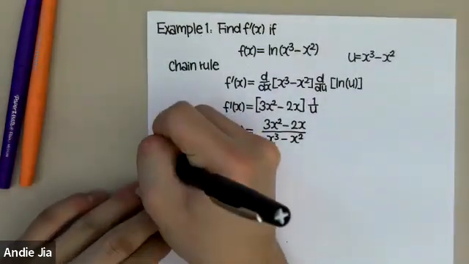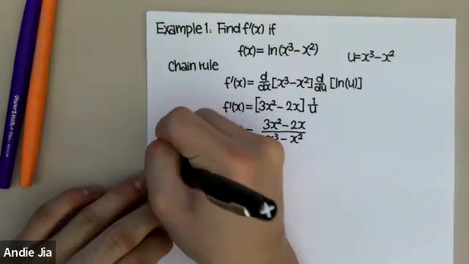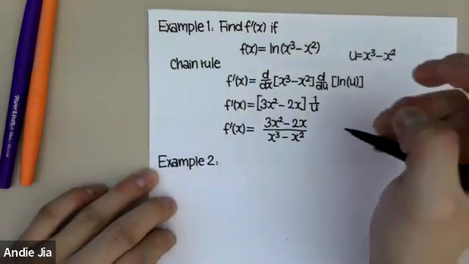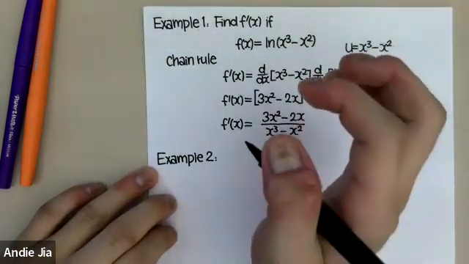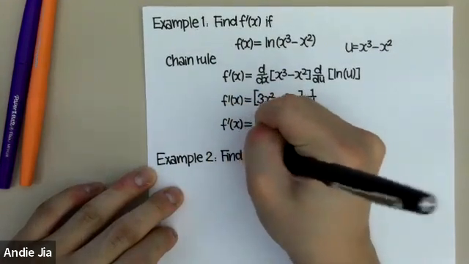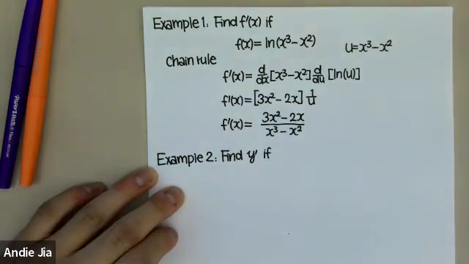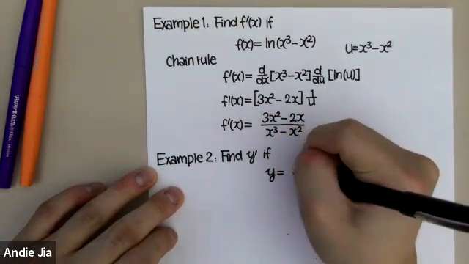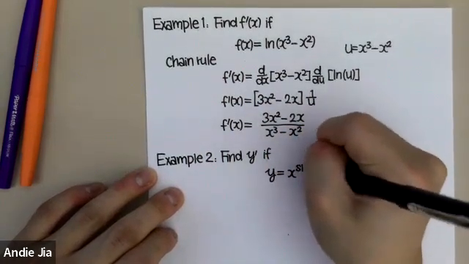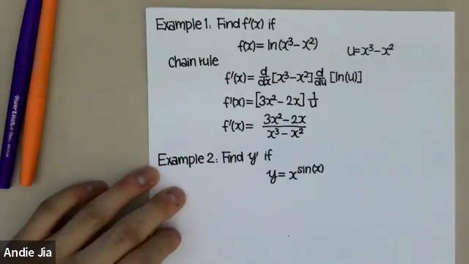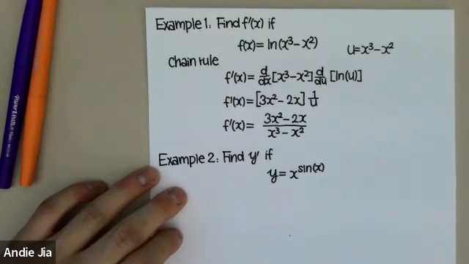Number 2. Find the derivative if y equals x to the power of sine of x. In this case you can't do the chain rule, because it's a complex function, so we use logarithmic differentiation.